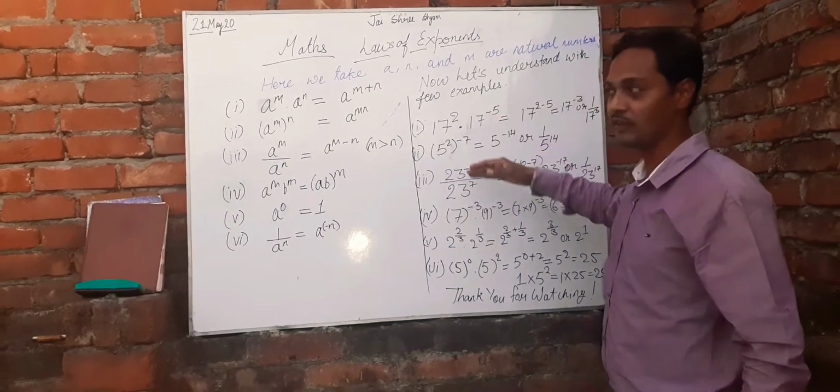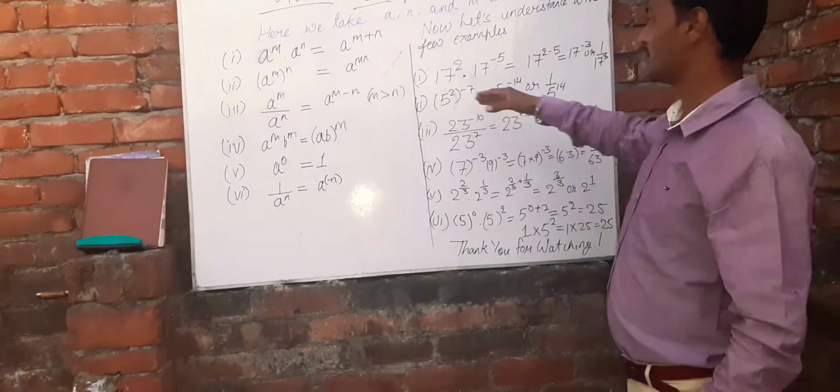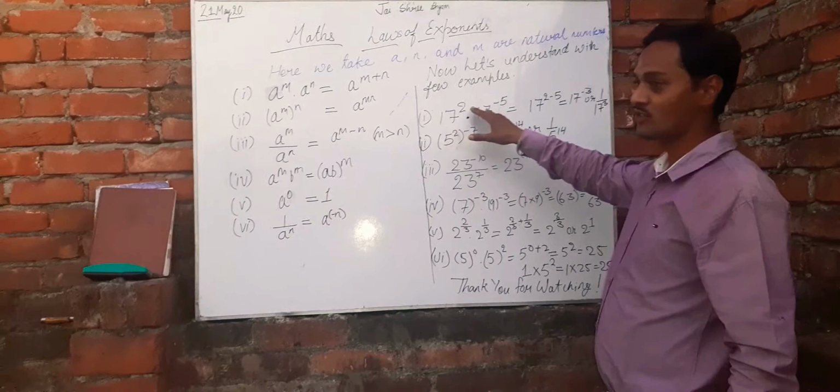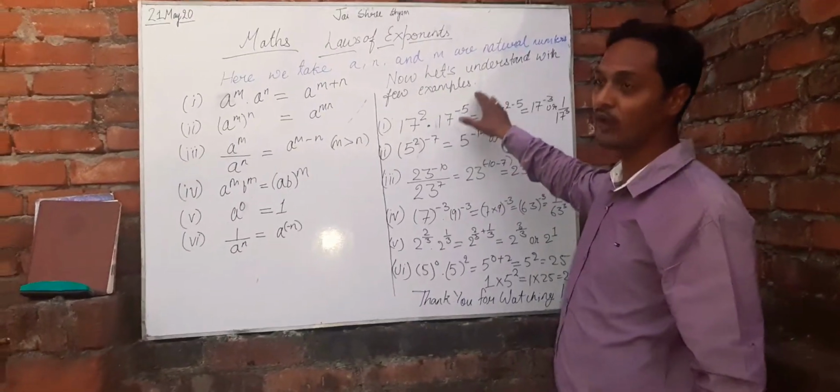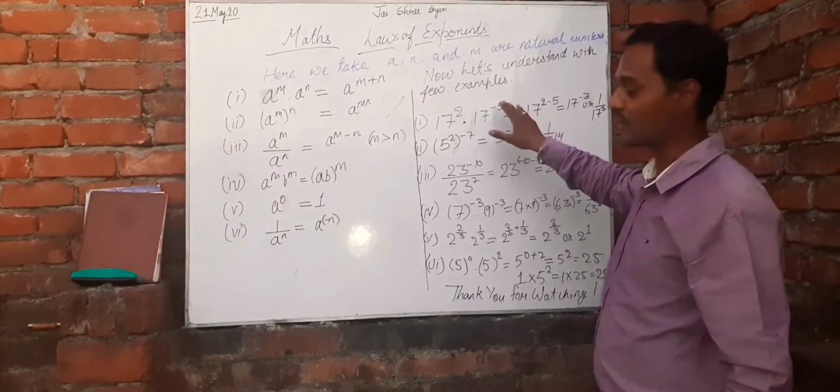I have written examples to clarify. In the first one, 17 to the power 2 into 17 to the power minus 5.